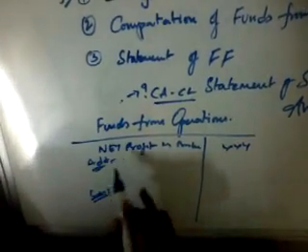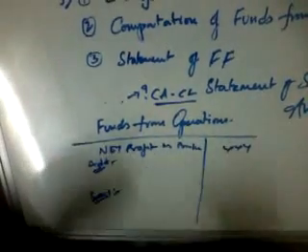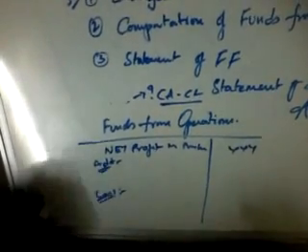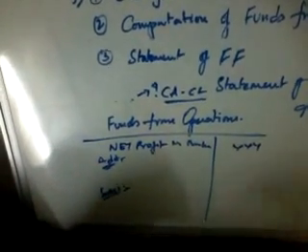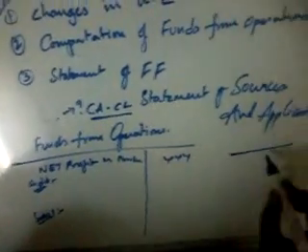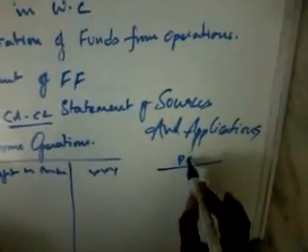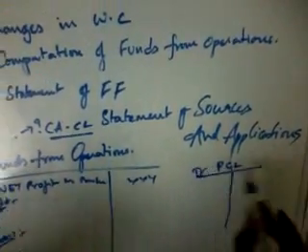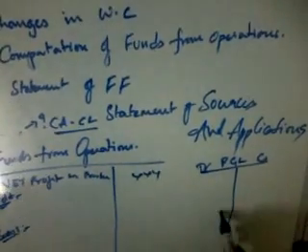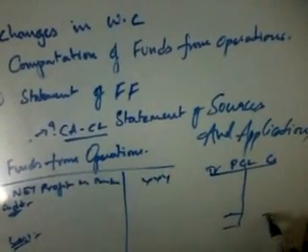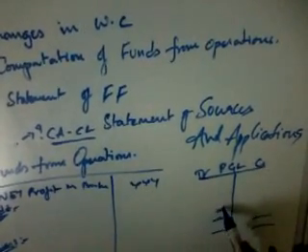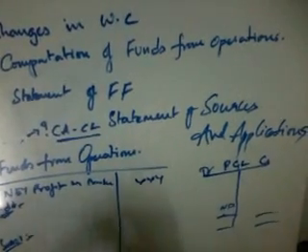To talk about what we have to add and what we have to less, first we should know the statement of profit and loss, the P&L account, debit and credit, and by balancing here we'll have the net profit.